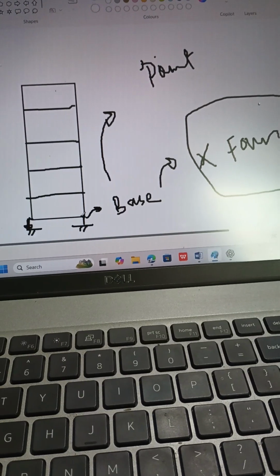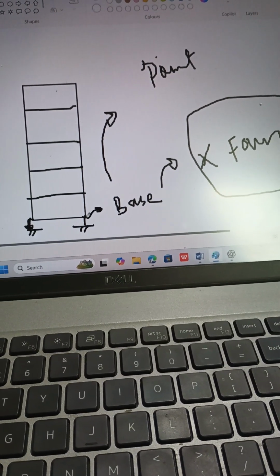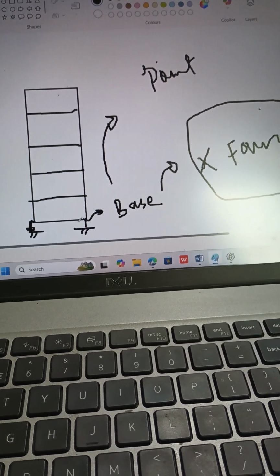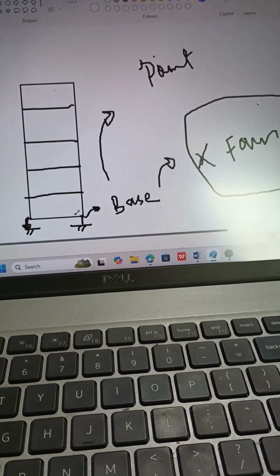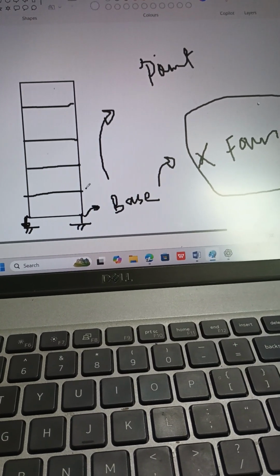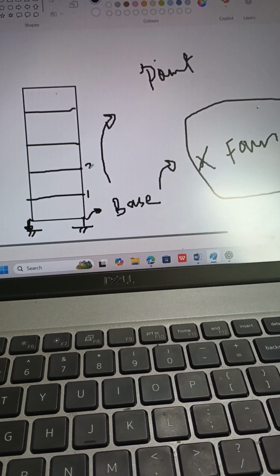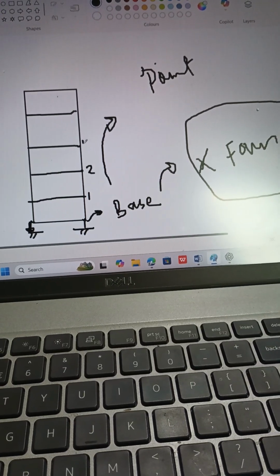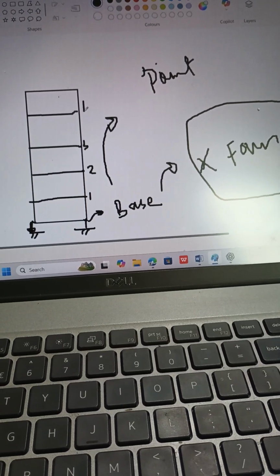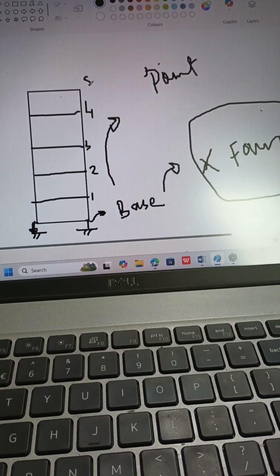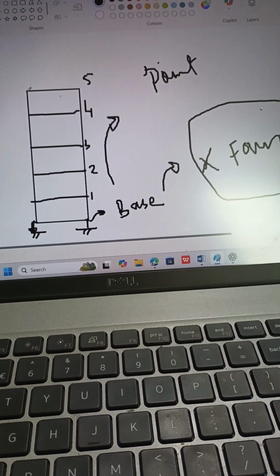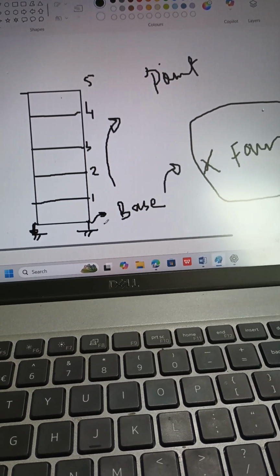It's not a foundation, it's simply the base of a building that we usually see on the ground. So suppose this is first floor, number one level, 2, 3, 4, 5, and this is 0.